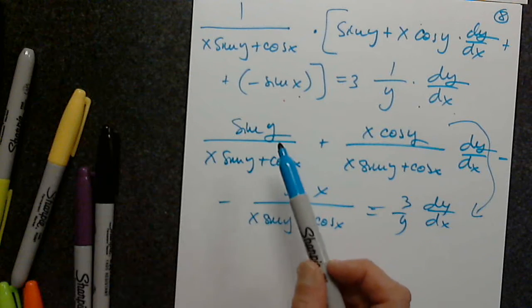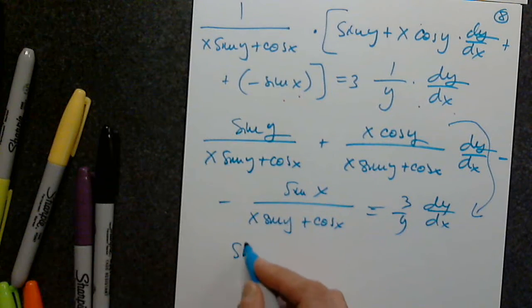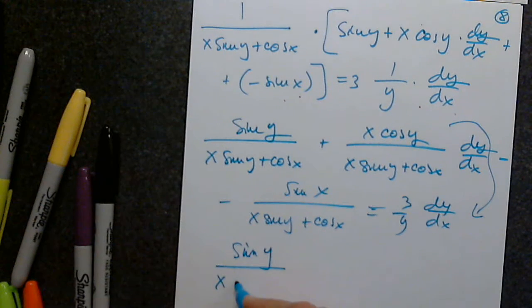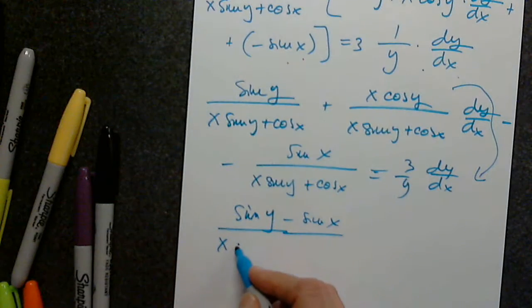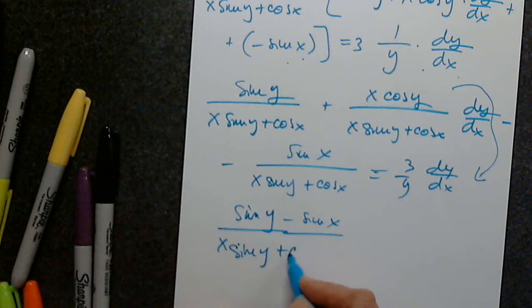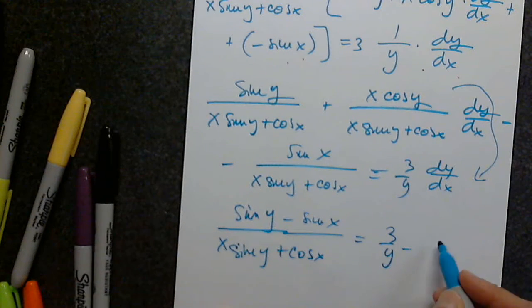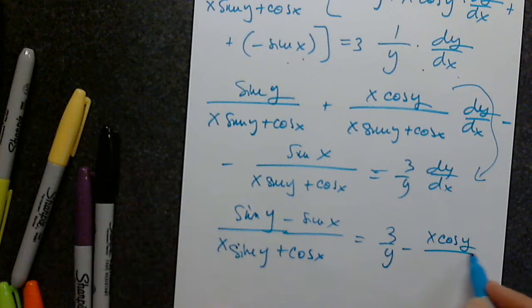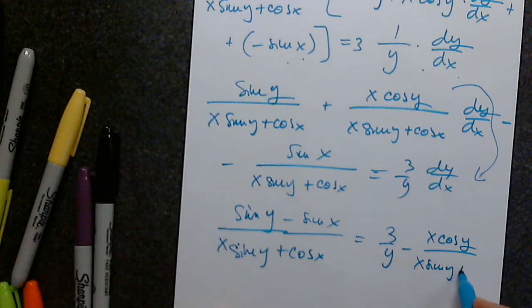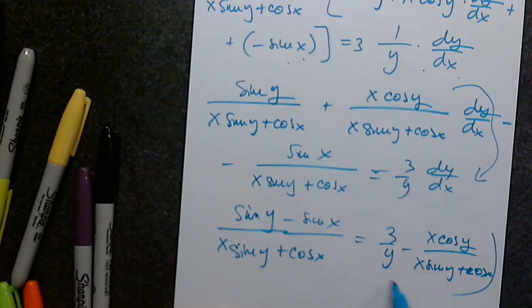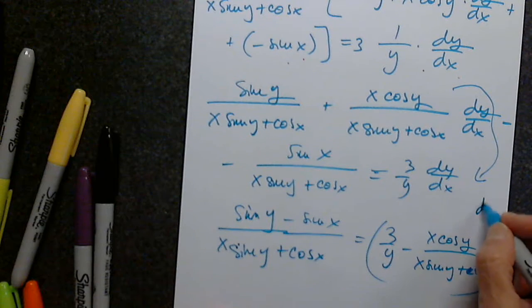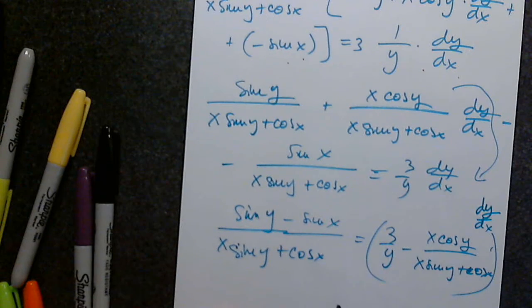So these two stay as sine y over x sine y plus cosine x, and then minus sine x over x sine y plus cosine x. And this side will become 3 over y minus x cosine y over x sine y plus cosine x, times dy over dx. So now I have to find the least common denominator here that will cancel with this in a moment.